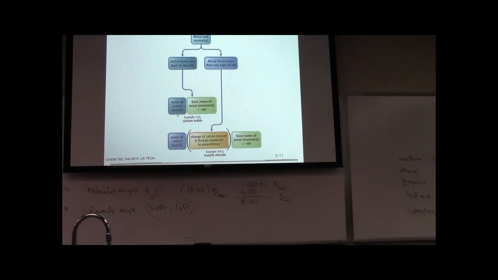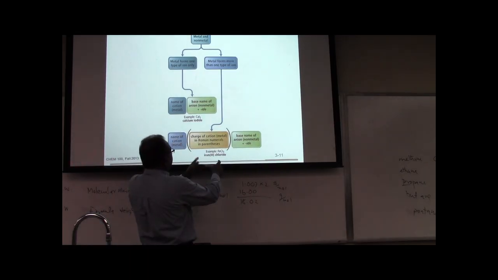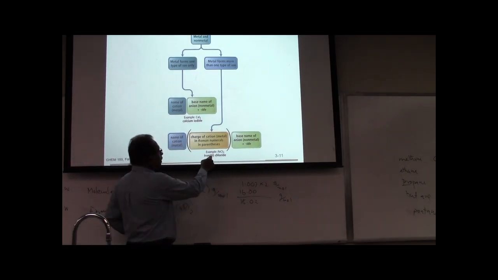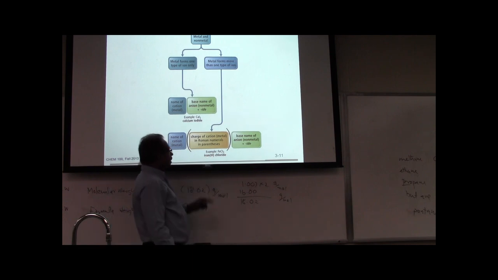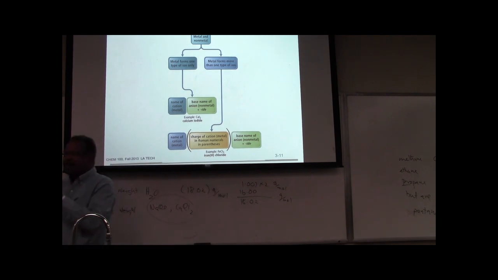Normally they're similar, but when you give the name, you have to put parentheses after the metal name and tell what exactly that charge is, right? For example, here, chloride is -1, -1, -1. There are 3 of them. Therefore, chloride together have 3 negative, right?